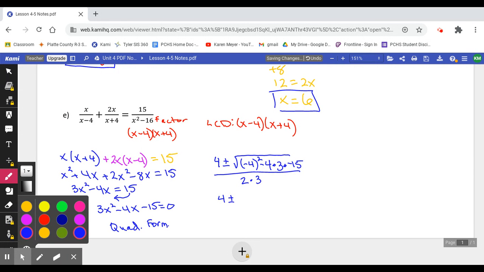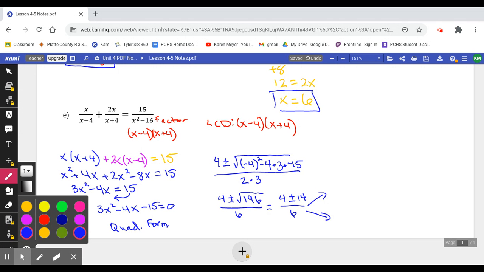So if I type the part in underneath the square roots, that should give you 196. And on the bottom, 2 times 3 is 6. Then I take the square root of 196, which is a perfect square, and that is 14.